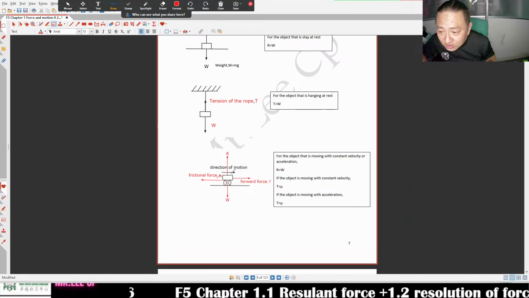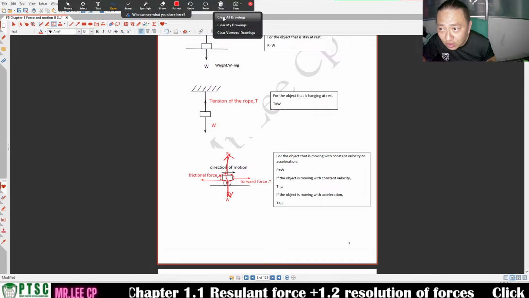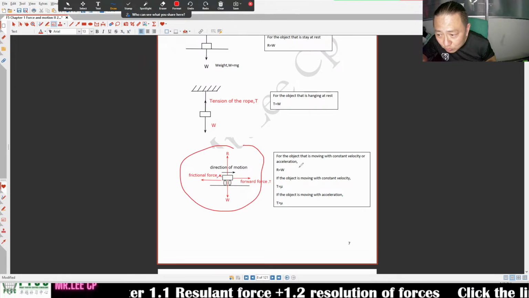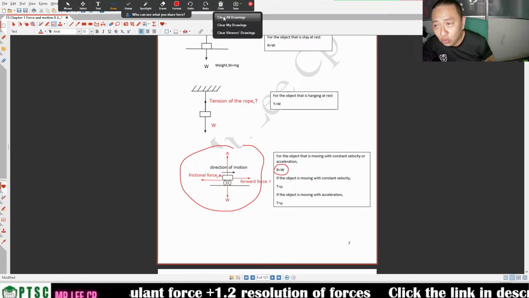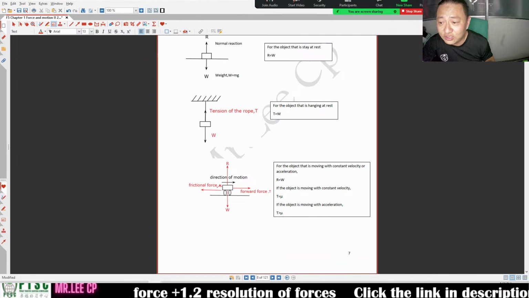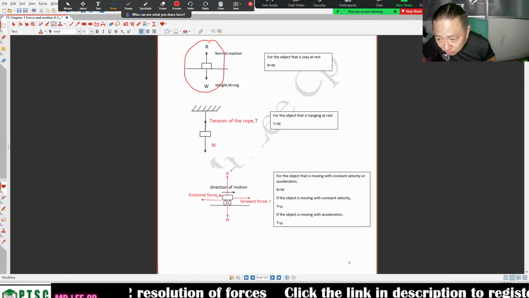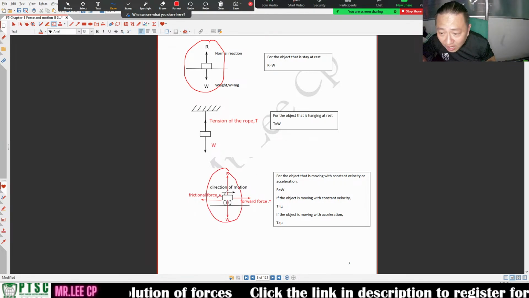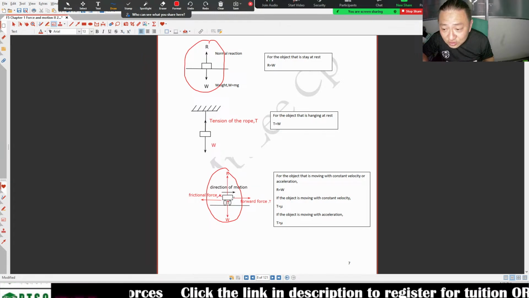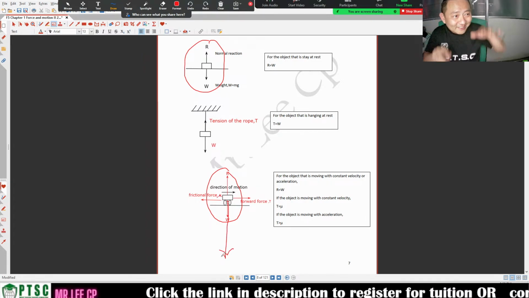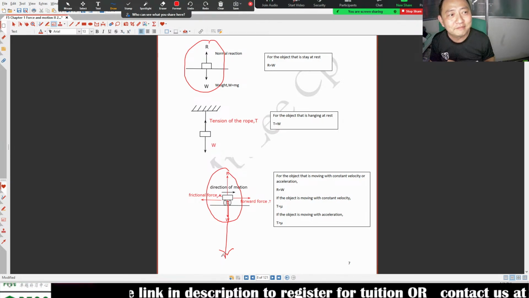And anyhow, this trolley is not going to move up or down. So in this case, no matter what, R is equal to W, because this trolley is not moving up or down. If you say W is more, then this trolley goes down.